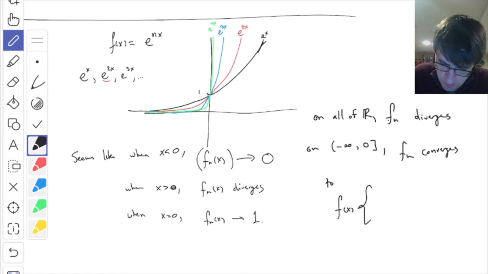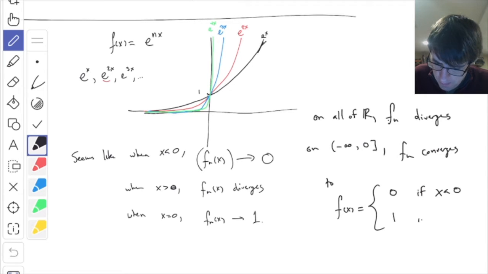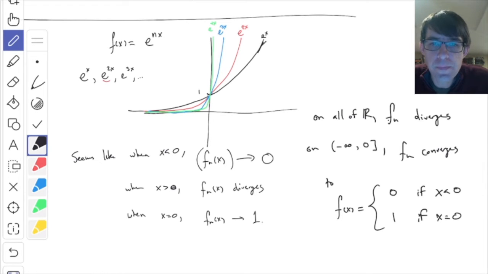F of x equals, in two pieces, 0 if x is less than 0, 1 if x equals 0, right? If you consider on all of R as the domain, then Fn diverges. But using the domain only of minus infinity to 0, then it does converge to this weird function in two pieces, this discontinuous function. All right.